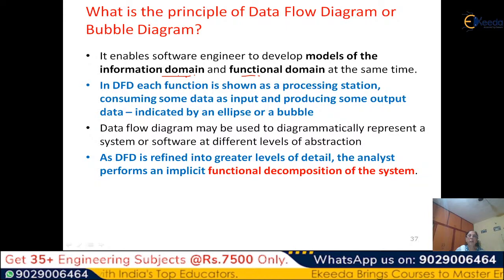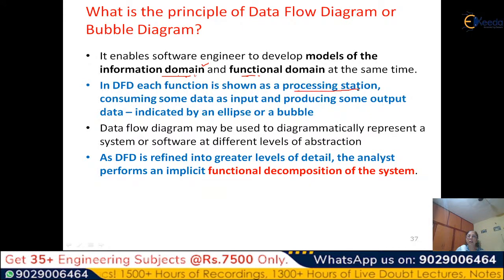In a single diagram, you show the data and its flow as it moves from process to process. The function is denoted by processes and the information domain is denoted by the data flow. In a DFD each function is shown as a processing station.